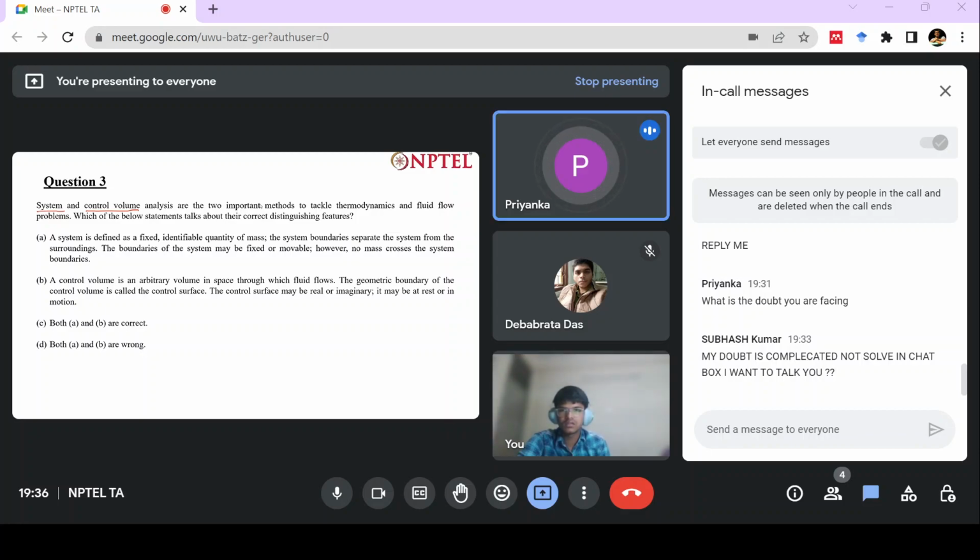Sir, in a system, there is only energy transfer, no mass transfer. No mass transfer, right? Yeah. So the system is basically defined in terms of mass, or since we are discussing fluid mechanics, in terms of fluid particles.